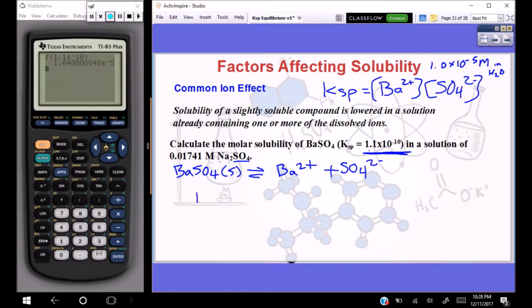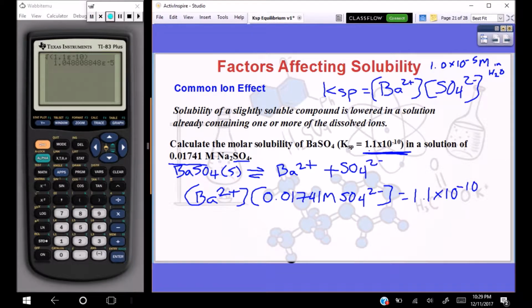And the trick here is that since we know our concentration of sulfate normally is very, very small, this way outnumbers it. So essentially all of our sulfate is coming from our solvent. So our concentration of barium is going to be multiplied times our 0.01741 molar. This is my sulfate. And this is going to be set equal to our KSP value.